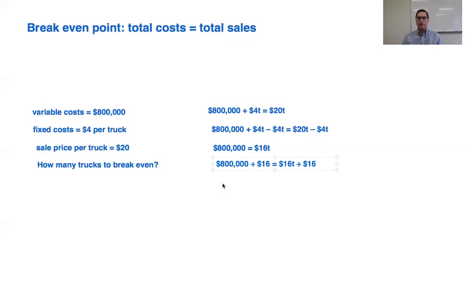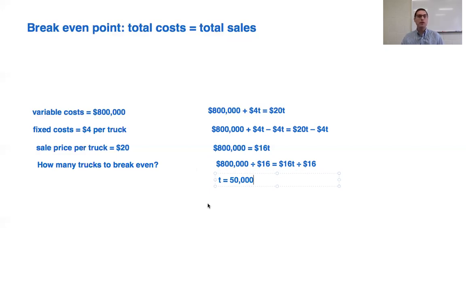So 800,000 divided by 16, that's going to equal 50,000. So T, or the number of trucks, equals 50,000. That's the number of trucks they're going to have to sell in order to break even.